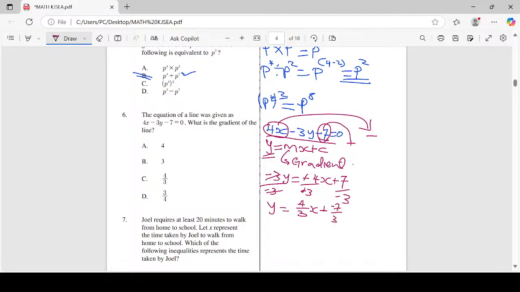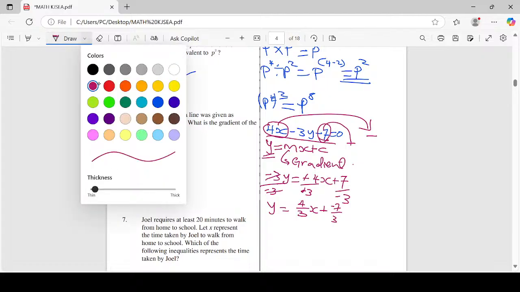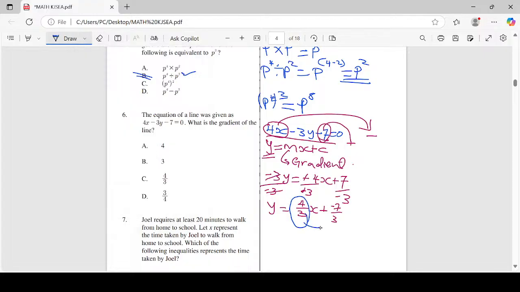Remember, learners, the coefficient of x is your gradient. So in this case, this one here is now going to be your gradient, dear learners, the coefficient of x. So you come into the choices and look for that value 4 over 3 in your choices.